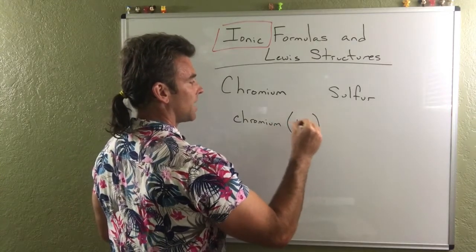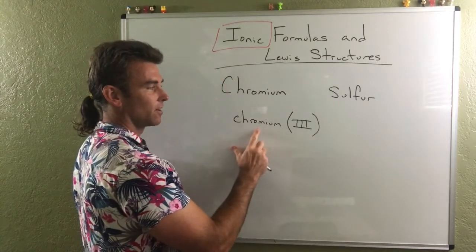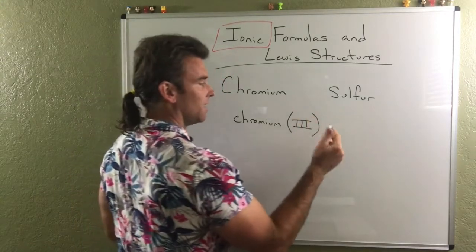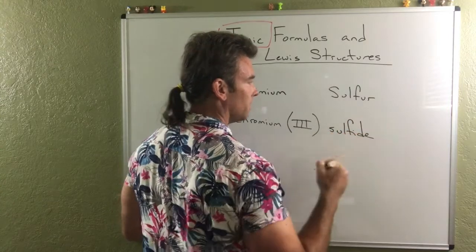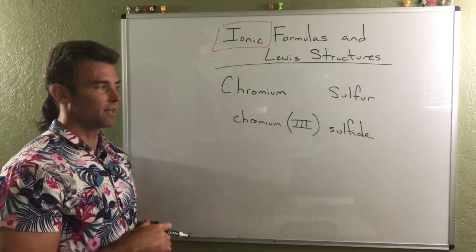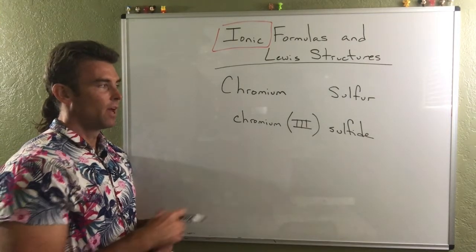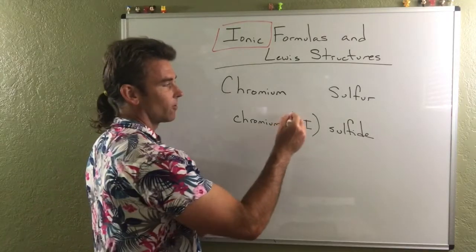So let's say you were looking at the name of this compound and it said chromium 3 sulfide. The thing with a minus charge is called a sulfide: you drop the ending and add an -ide. You'll notice the presence of this Roman numeral. What does that correspond to?